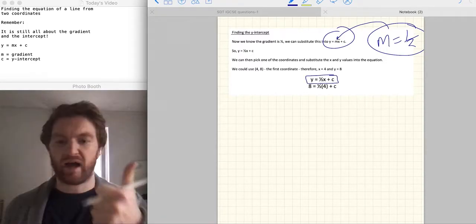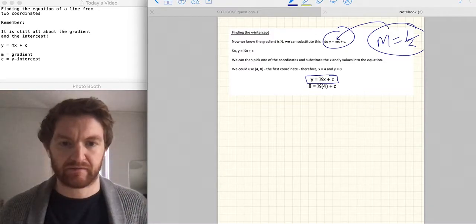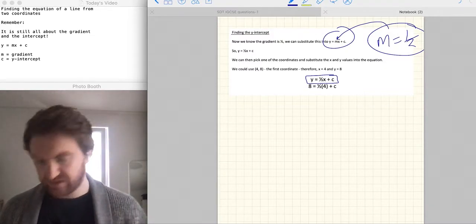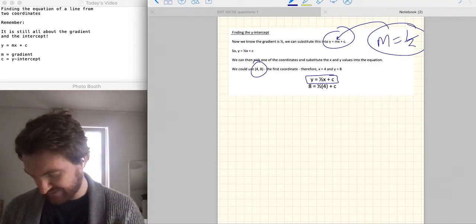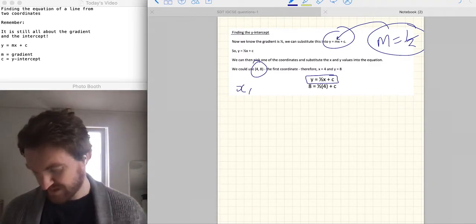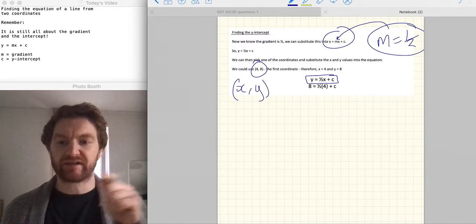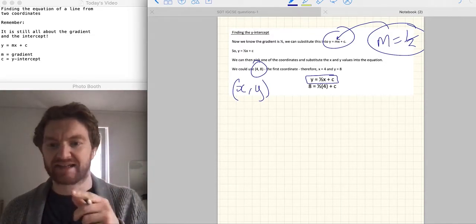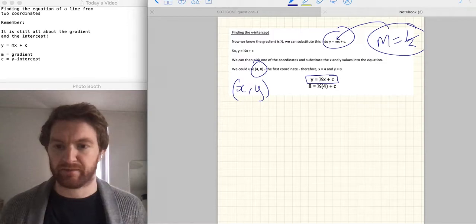But that's still a y, an x and a c that we don't know. But any coordinate on the line gives us the value of x and the value of y at the same time.